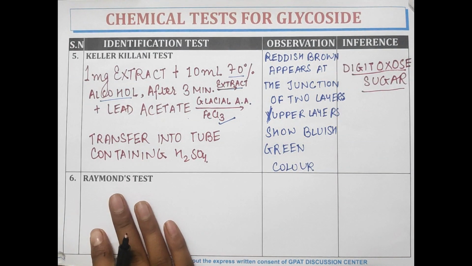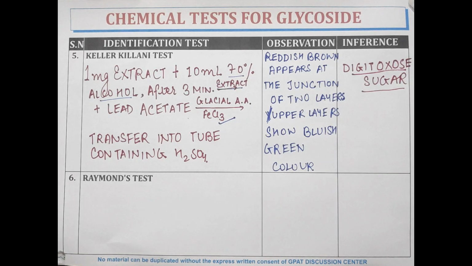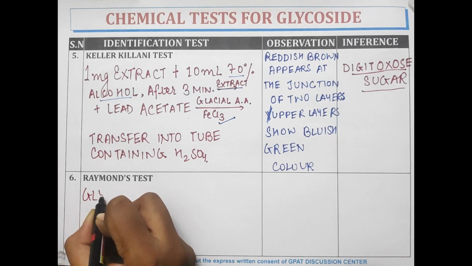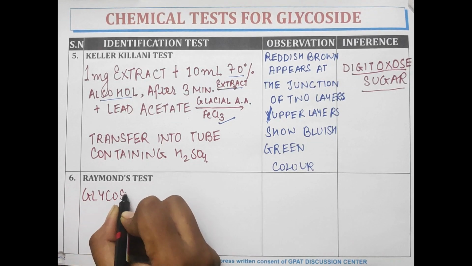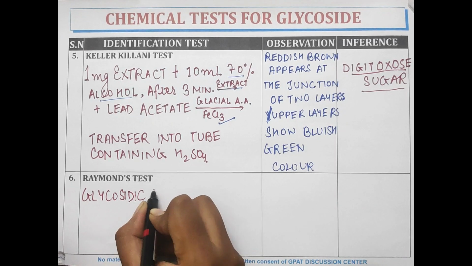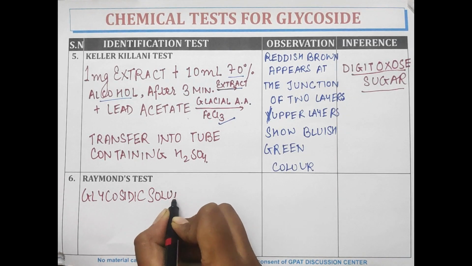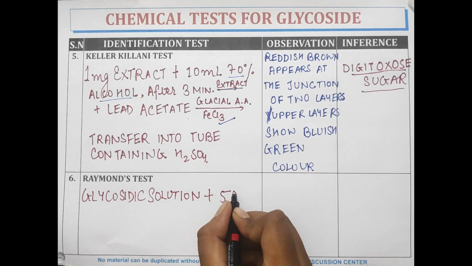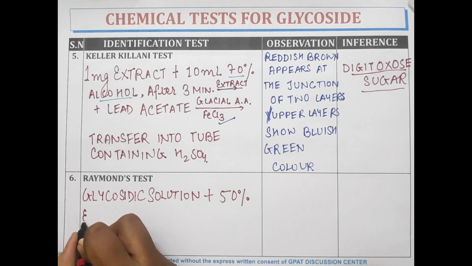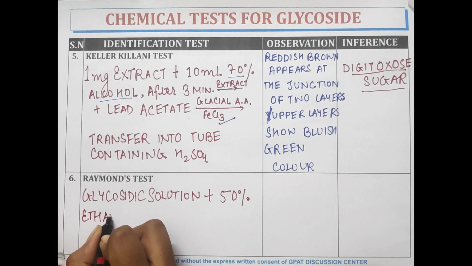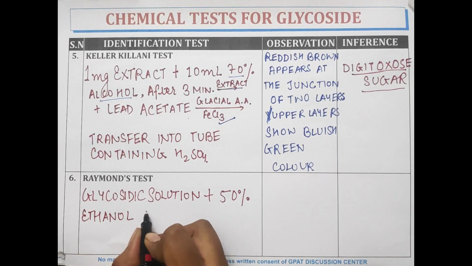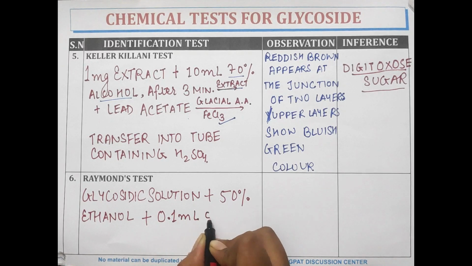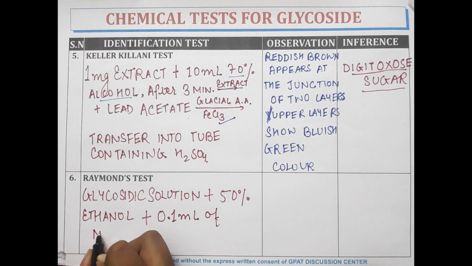Next test for cardiac glycoside is Raymond test. In Raymond test, the glycosidic solution is mixed with 50% ethanol and 0.1 ml of nitrobenzene.